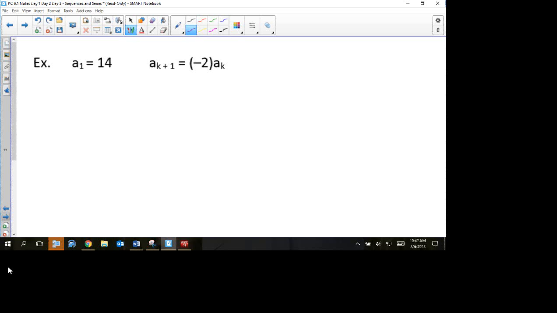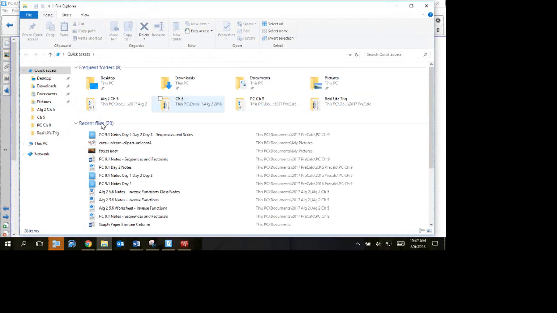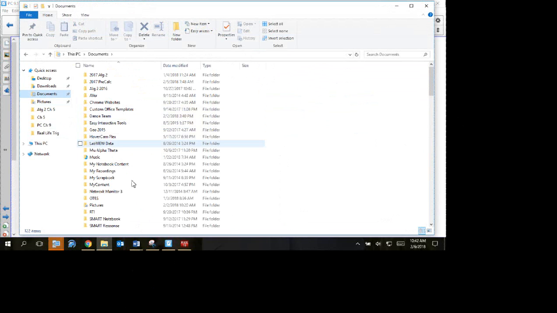For this one, what are we doing to the next term? Multiplying by -2. Go ahead and find the first 5 terms.